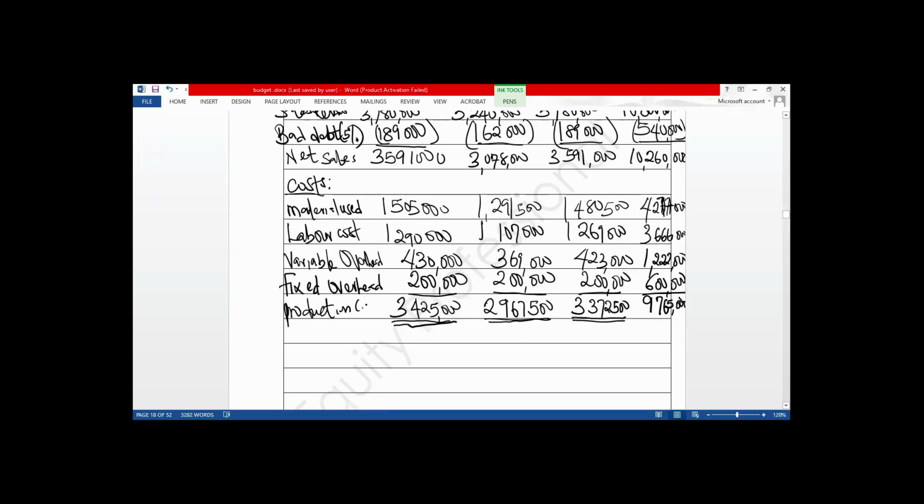Now introduce plus opening stock minus closing stock.